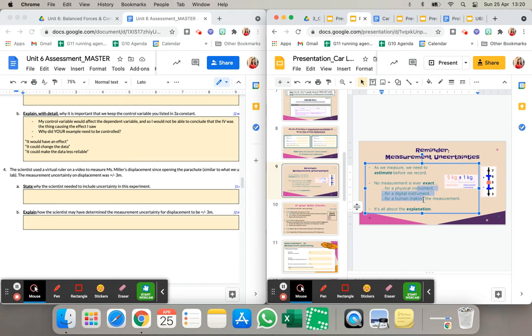So when you combine those two, you get your uncertainty value. This is particularly true in a situation like this in physics, where we have a video and there's motion and there's the potential for it to be blurry, for it to be hard to estimate. So that human interpretation piece really comes in.